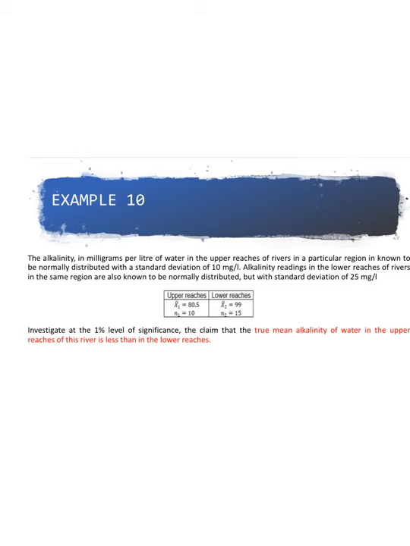Investigate at the 1% level of significance the claim that the true mean alkalinity of water in the upper reaches of this river is less than in the lower reaches.